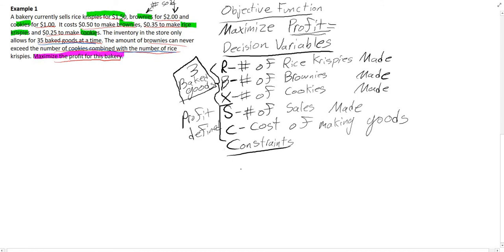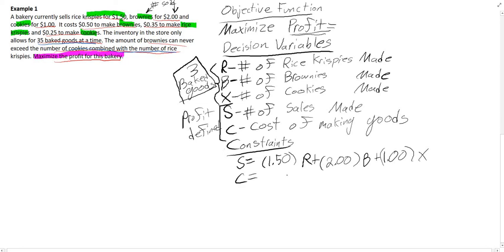As we can clearly see, the sales are equal to the number of Rice Krispies made or sold times the price plus 2 times the number of brownies plus 1 times the number of cookies.